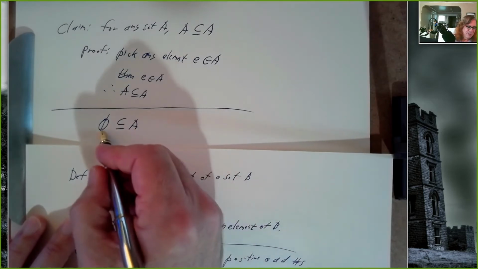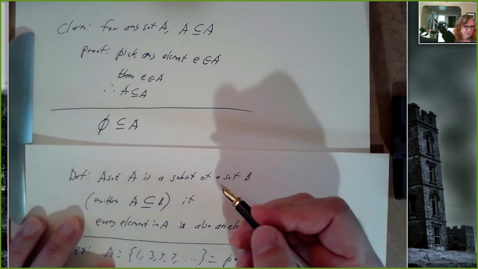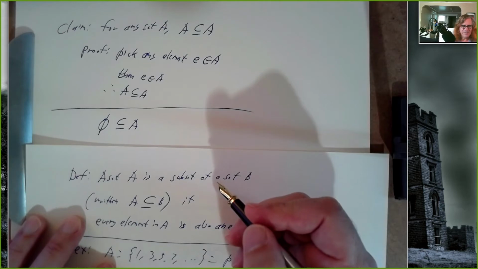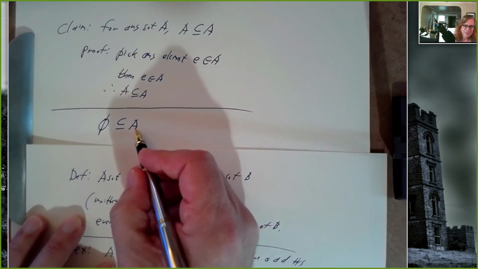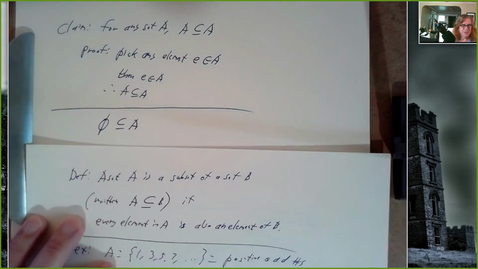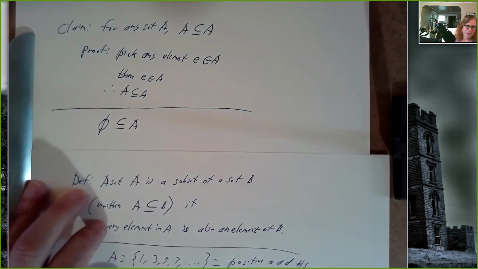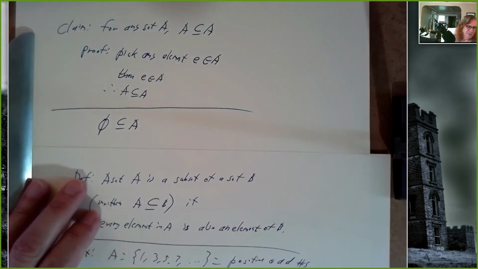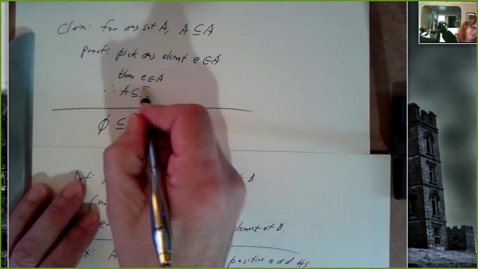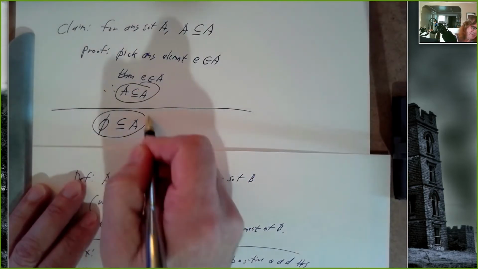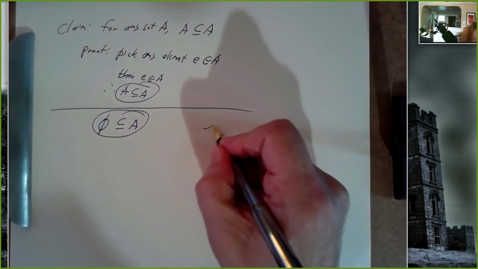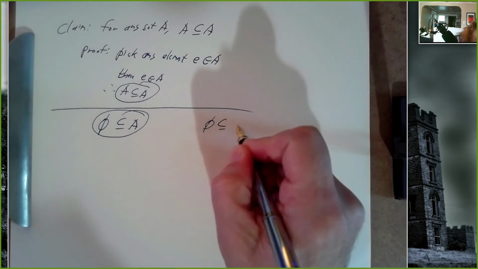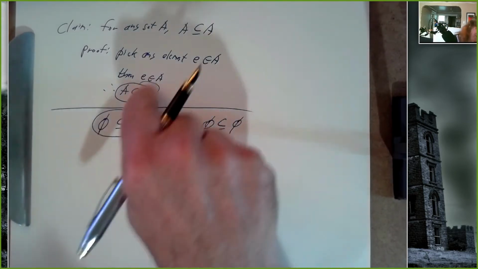Well, there are no elements in here, so kind of by default, any element that's in here is also in here. It's a little wiggly, and we'll play around with that more when we get to logic. But it turns out every set is a subset of itself, and the empty set is a subset of every set. Which means, of course, that the empty set is a subset of the empty set for both of these reasons.